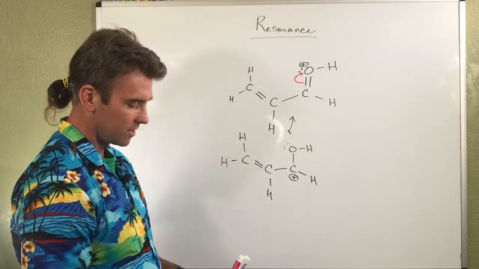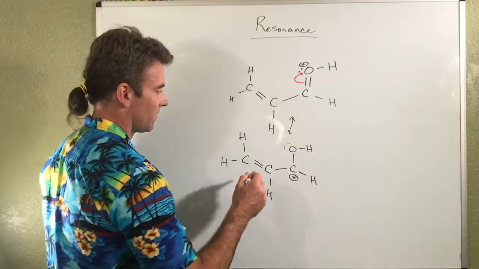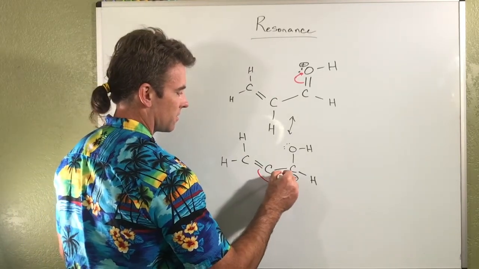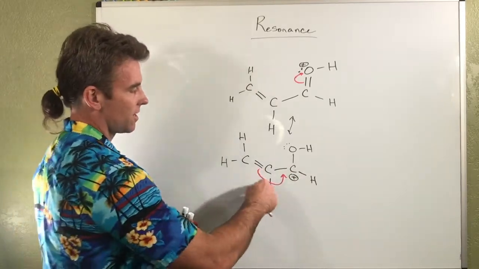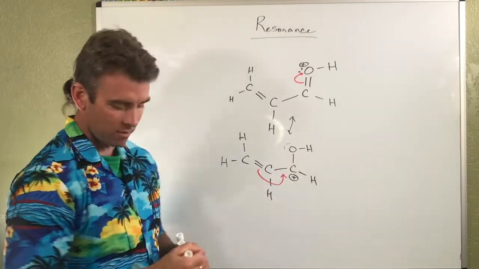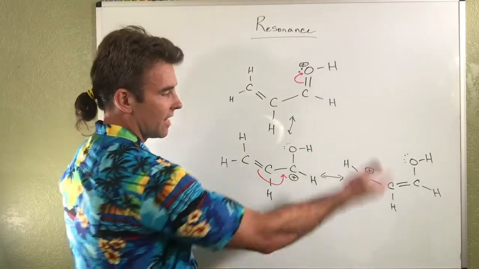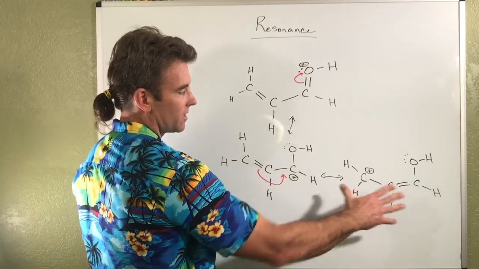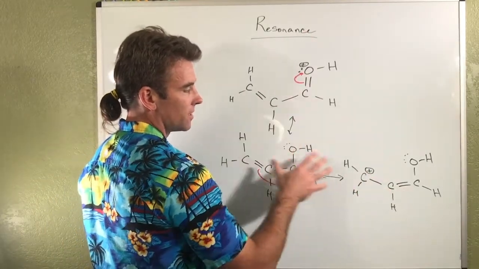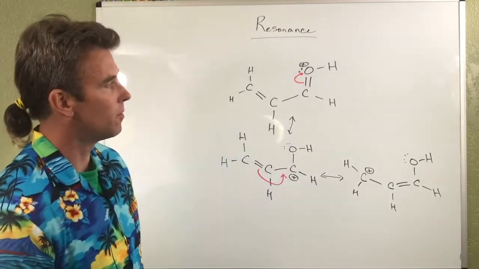Well, if doing it once is good, doing it twice is always better. Turns out we could have that arrow right there, and then I'll draw the results of that. And there is the result. So now let's go back and use our rules to decide which one of these is the most prevalent.